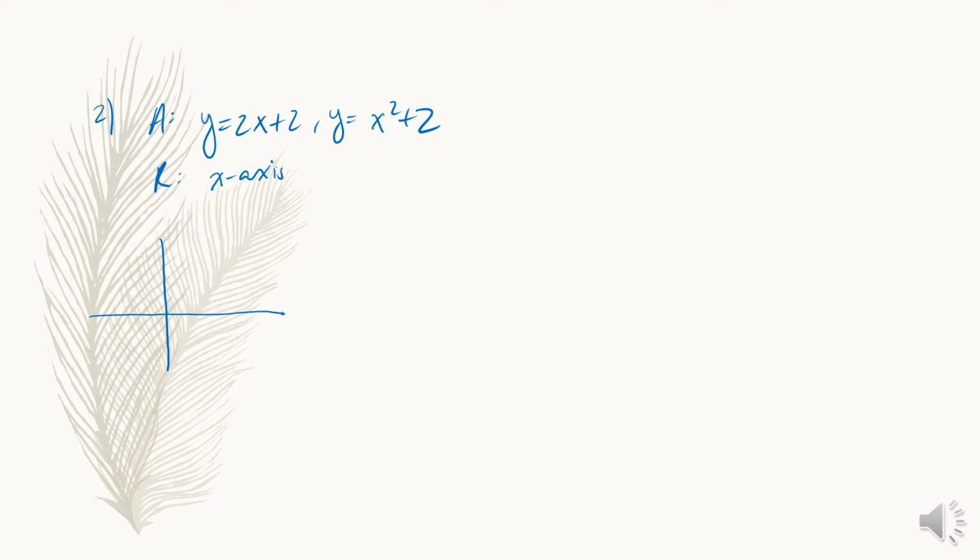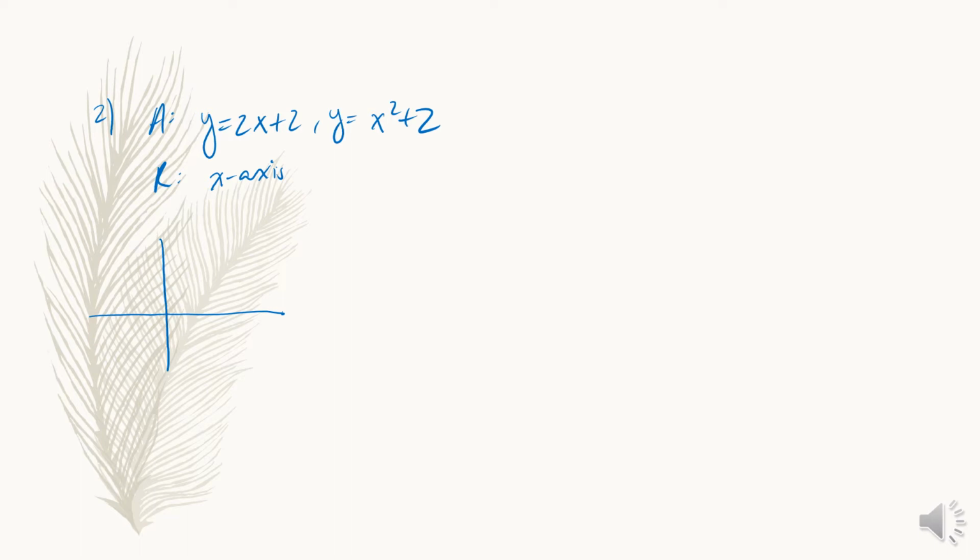I want to do another example, so we'll do example 2 here. My area is going to be bounded by y equals 2x plus 2, y equals x squared plus 2, and we're going to be rotating this about the x-axis. So just like we've been doing, I want to first figure out the area that we're looking at and then rotate it.